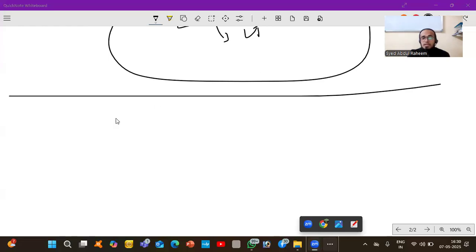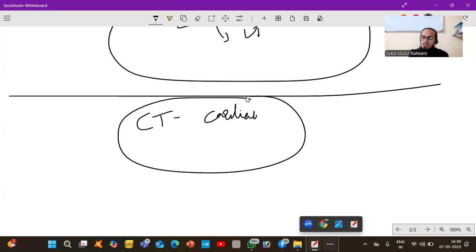Okay. Next is to know the condition of the heart. To know the condition of the heart also, the doctor advises CT cardiac. CT cardiac means pathology of the heart, chambers of the heart, coronary vessels.